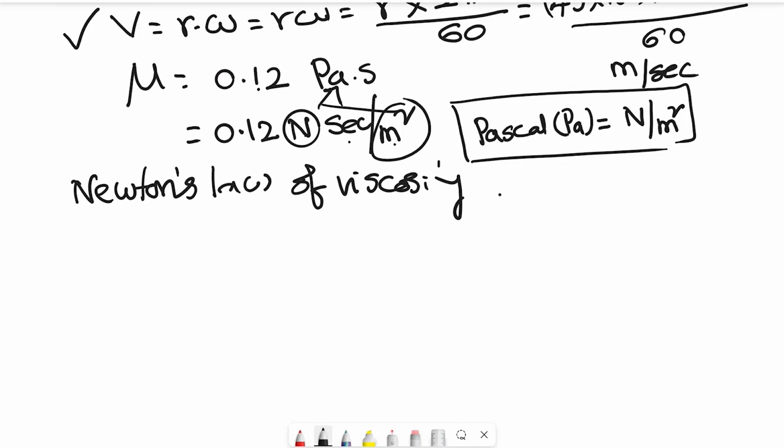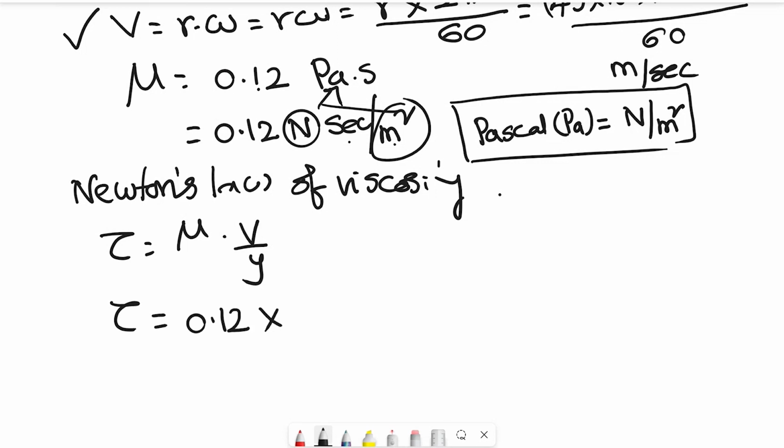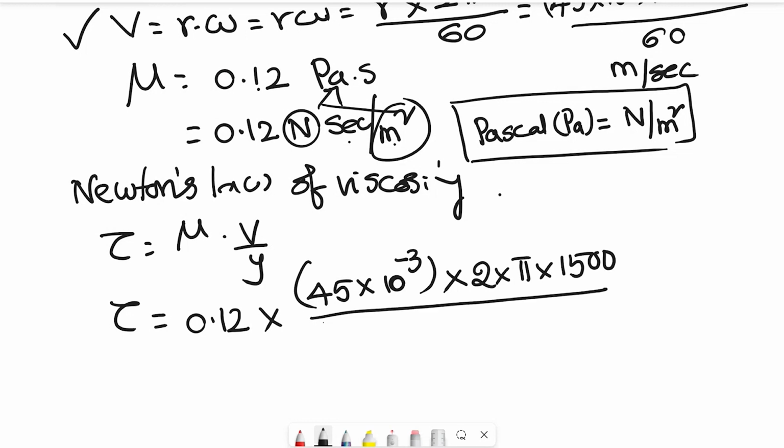Newton's law of viscosity: tau is equal to mu into V by Y. Mu is equal to 0.12, into V, which we have already written as 45 into 10 to the power of minus 3, into 2 into pi into n, 1200 divided by 60, divided by y, which is 0.25 into 10 to the power of minus 3.